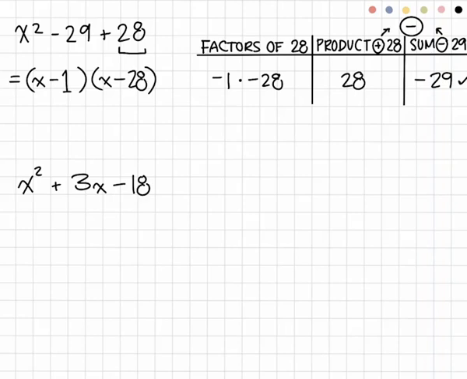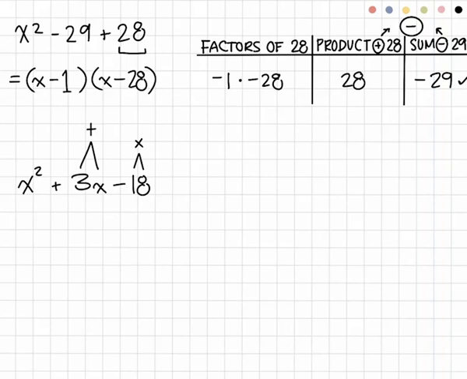All right, so I'm going to need to think of two numbers that when I multiply them, give me c, the c value, which is negative 18, and when I add them, give me the b value, which is 3.